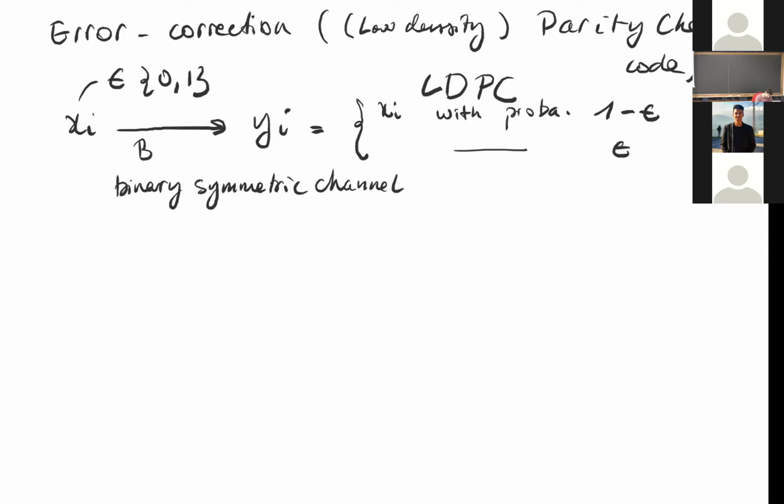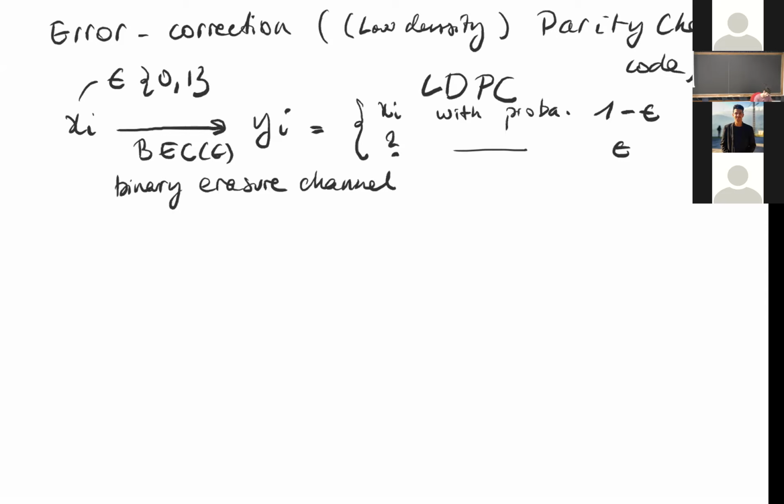I will call it the BEC epsilon. This is the binary erasure channel, which is really the simplest model. So with probability one minus epsilon, the bit is perfectly transmitted. And with probability epsilon, you receive nothing. The bit is erased. This is what I mean by question mark. You receive nothing. Okay?